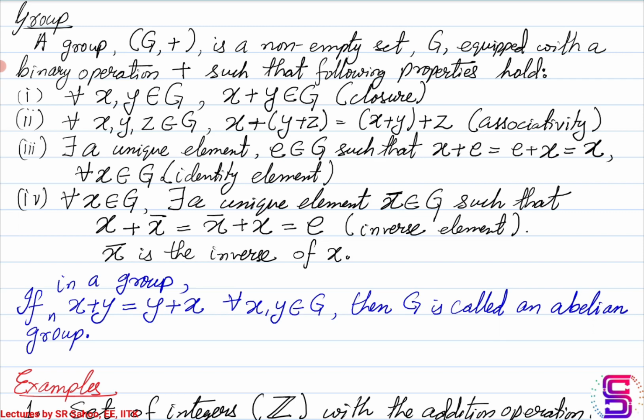For any element you take in G, there would be a corresponding element in the set G such that when you perform the binary operation between these two elements, you always get back the identity element of the set G. So if x is an element in G and the counterpart of x is denoted by x bar, then x operated with x bar using the binary operator plus will always give you back the identity element E. Similarly, x bar operated with x will always give you the identity element E. On top of this, this x bar is unique to the element x.